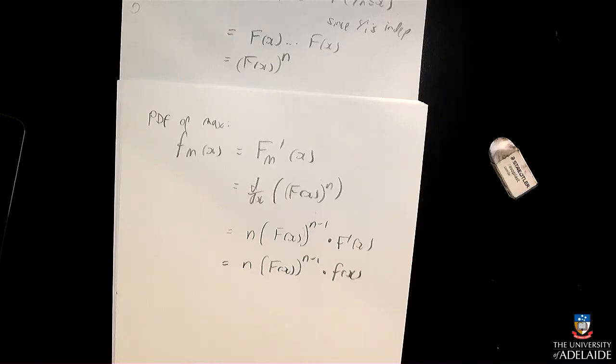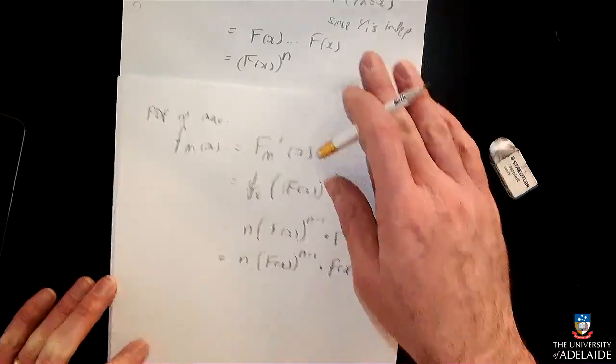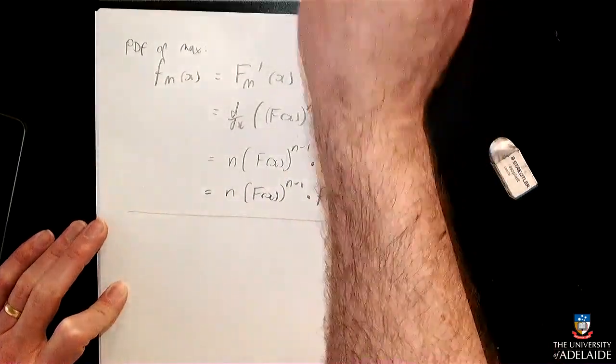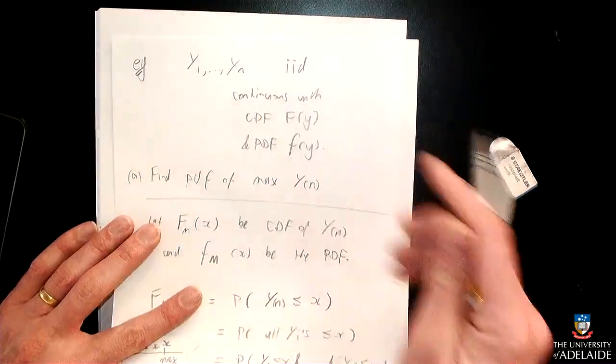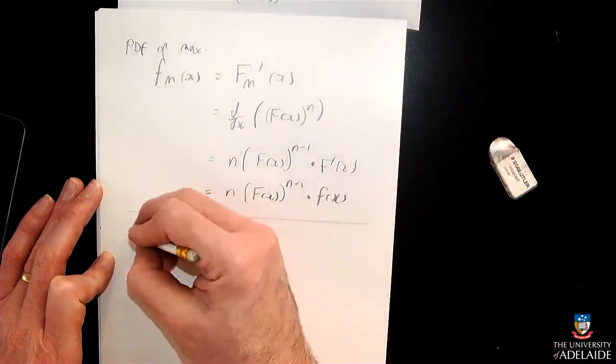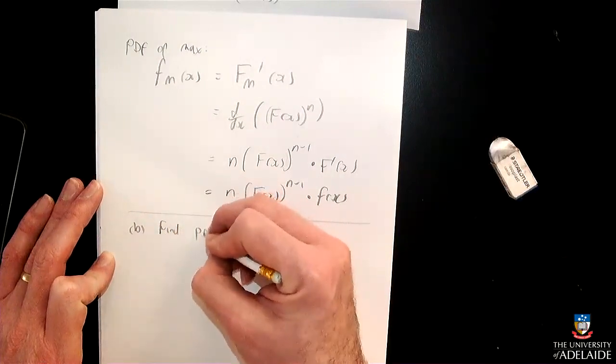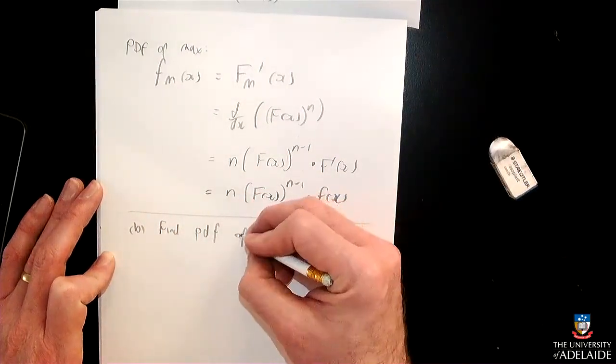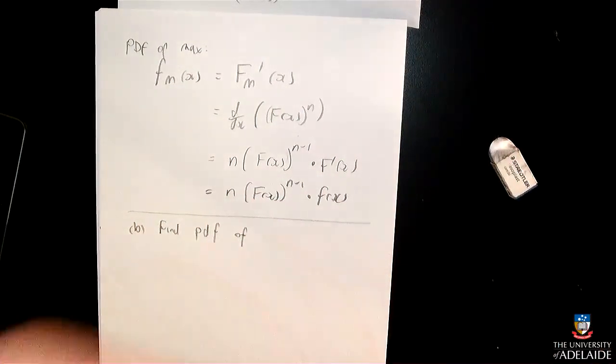So now we could go all out and try and figure out what... We've done the minimum, we've done the maximum. We could try and figure out one of the ones somewhere in the middle. Like what about the second smallest? Or the second biggest? Okay. So sort of like part A. The second biggest?